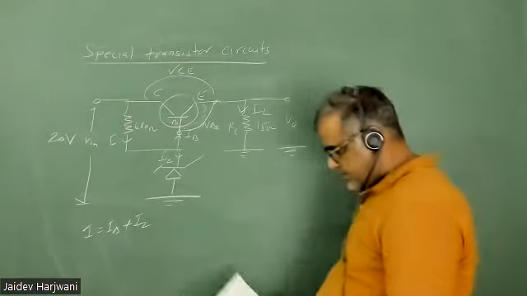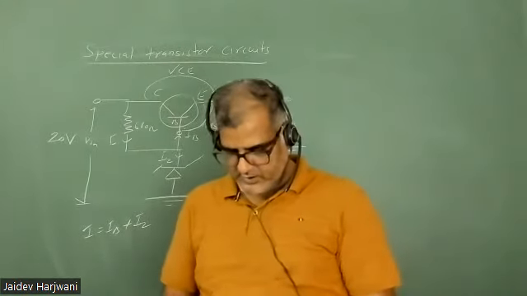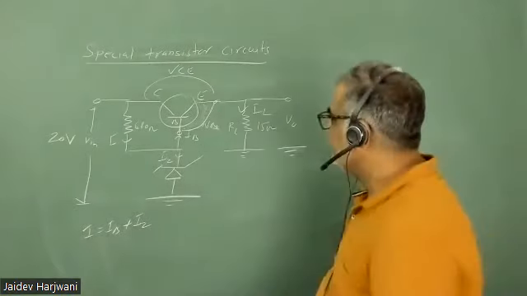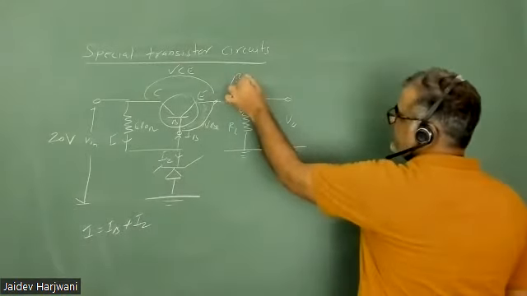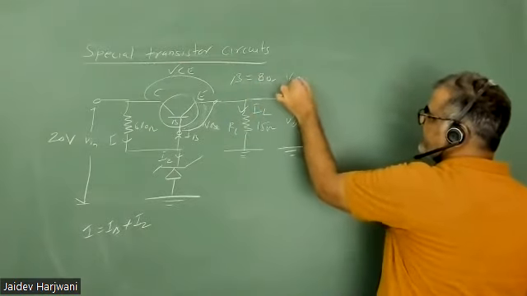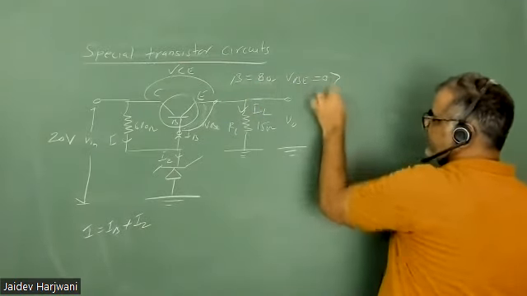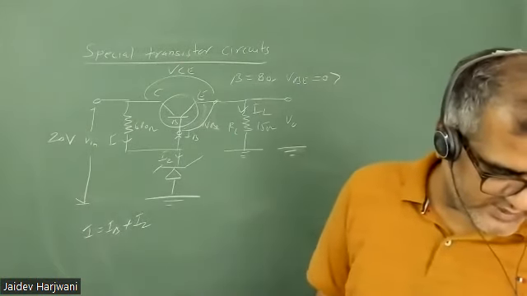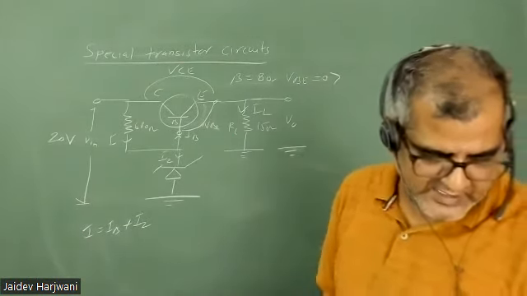So now in this question, beta is given 80, and VB is given 0.7 volts. So it's asking what is IB, IL, IZ.